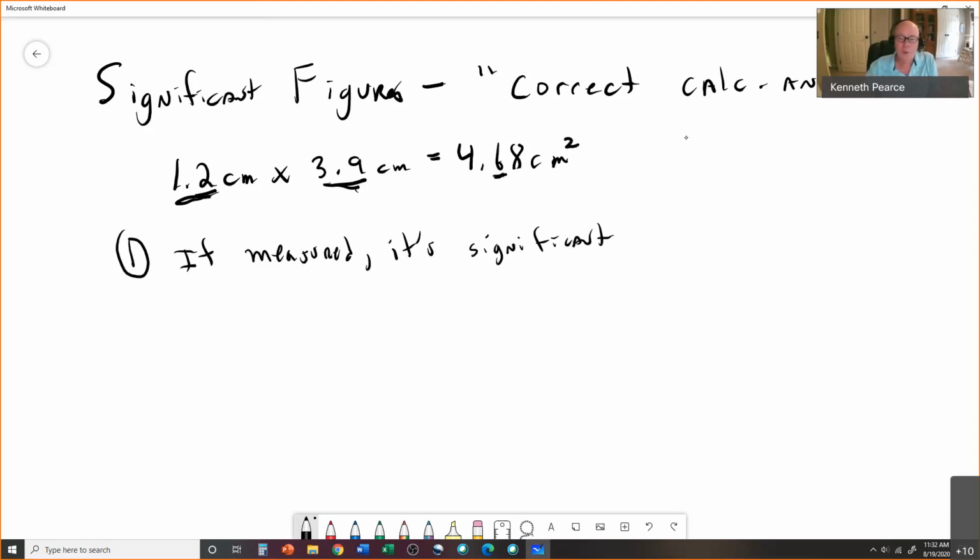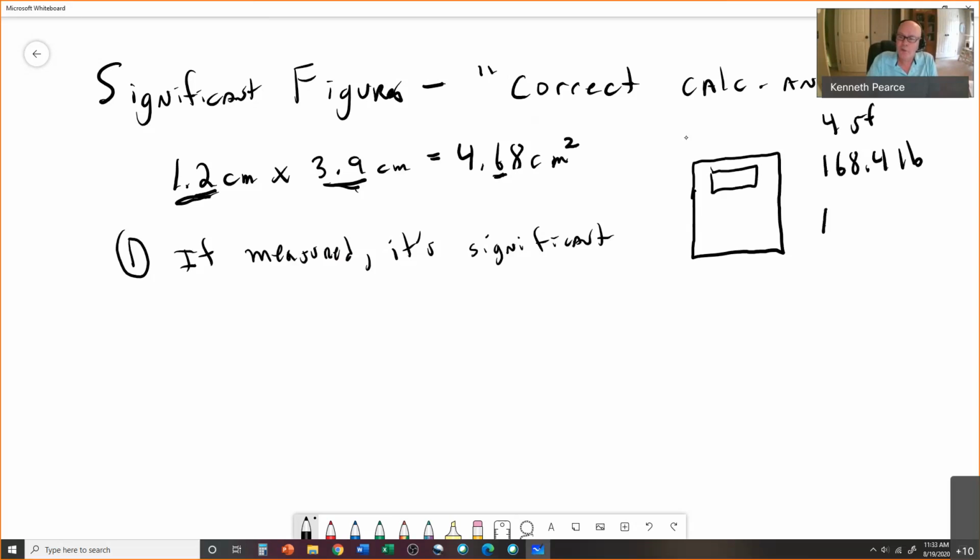No matter what it is. If you step on a scale, like I stepped on a scale this morning, you get a measurement, 168.4 pounds. Then this has 4 significant figures because the scale has measured all 4 digits.